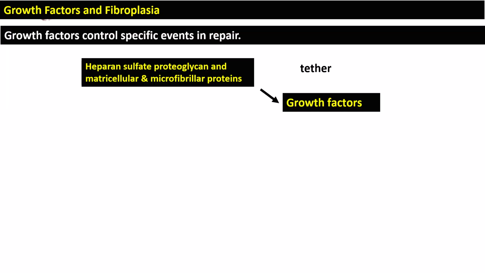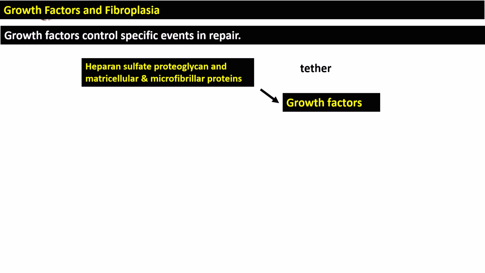The growth factors are important in the process of healing. The discovery of epidermal growth factor or EGF and many other growth factors has dramatically expanded the understanding of tissue repair and fibroplasia, that is the formation of fibrous tissue during healing. These growth factors are essential because they are important for interaction with the extracellular matrix components such as heparan sulfate, proteoglycan, matricellular protein, and decorin.